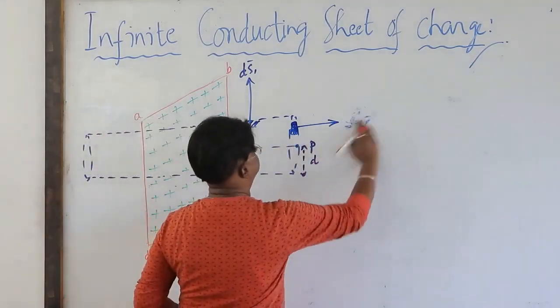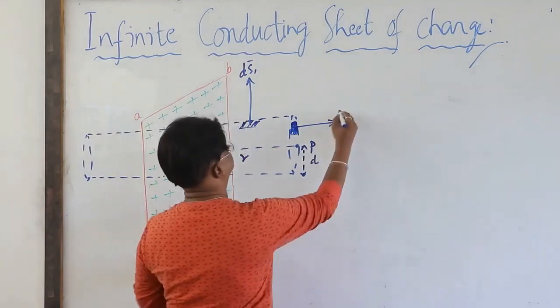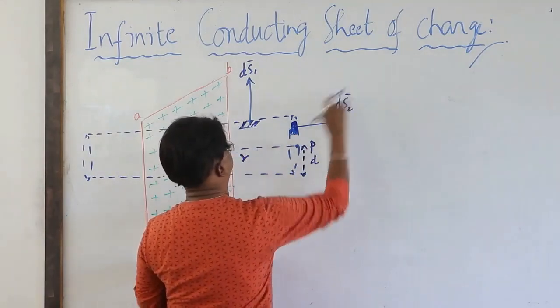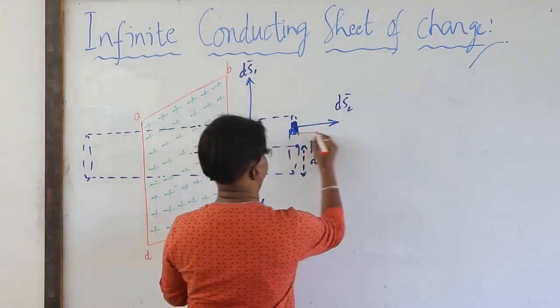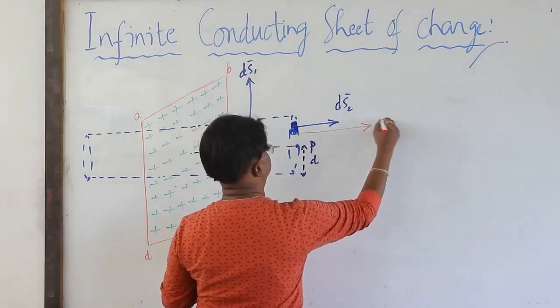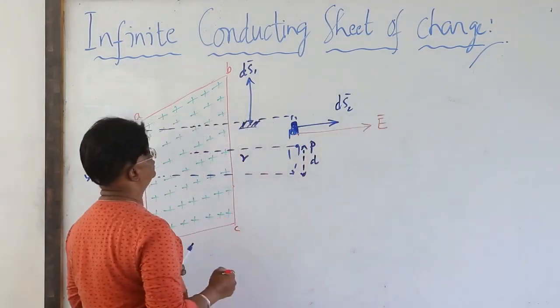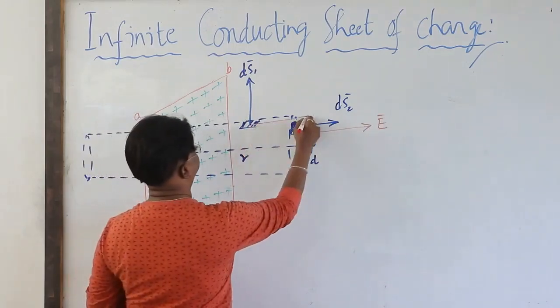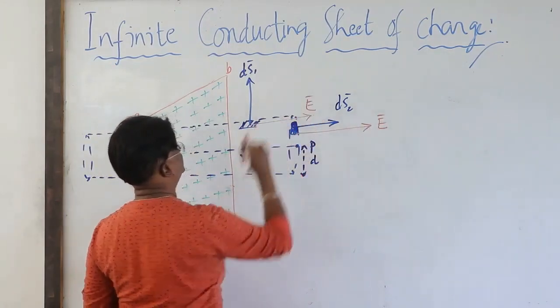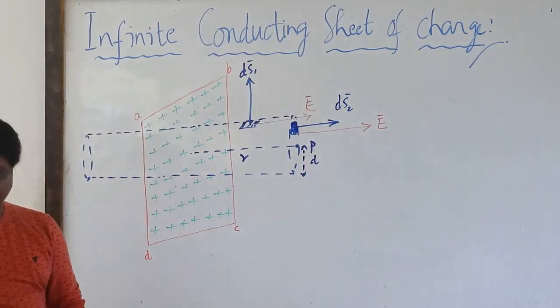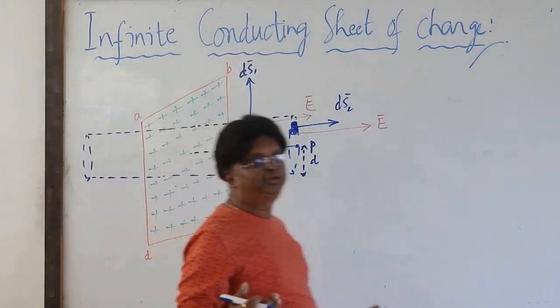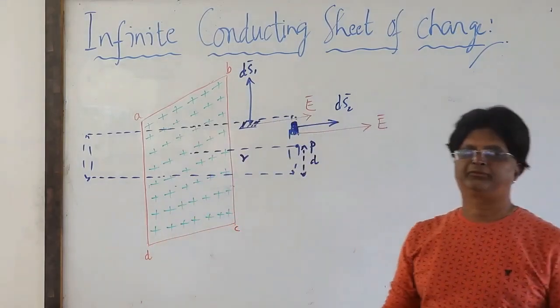This is ds2 bar, and this is the E bar, the intensity vector. So again, you have to consider the elements. Two types of elements are possible.